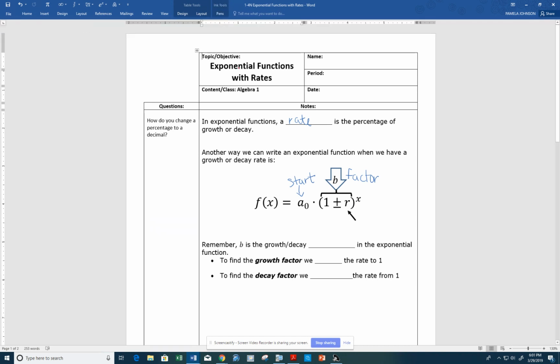So R is our rate, and usually when we see a rate, it's going to be in percentages. We're going to have to take that and change it to a decimal. All right? So remember, B is the growth or decay factor in the exponential function, but the rate is the percentage of growth or decay.